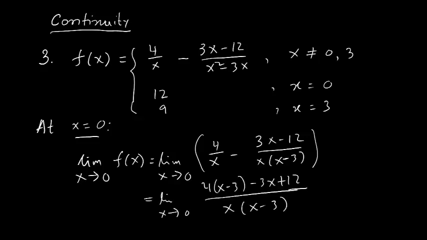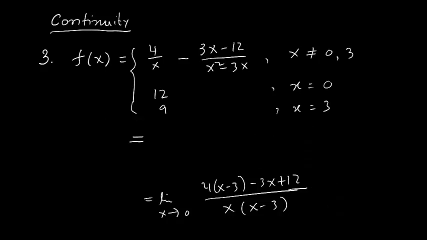So when I simplify with the common denominator, you can see that you get common denominator x times x minus 3, in this 4 times x minus 3, and then other side will be like negative 3x, when you distribute this negative, plus 12. So further simplify. I need some more space, so go up here.